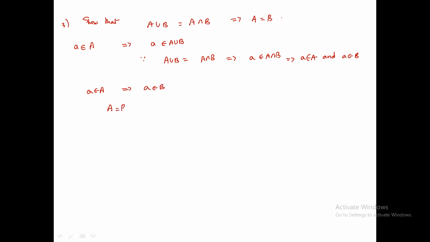So we can say all the elements, it will happen that for all the elements in A will be there in B. For all elements. That means we can say set A will be equal to set B.